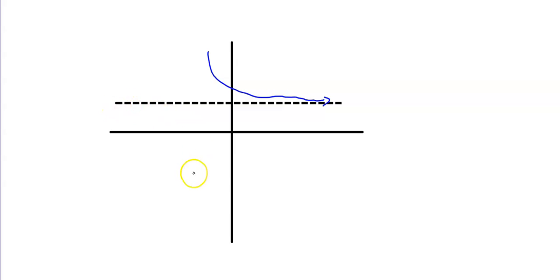As x gets more negative, y will get super close to that line and never touch it. That's what a horizontal asymptote is.